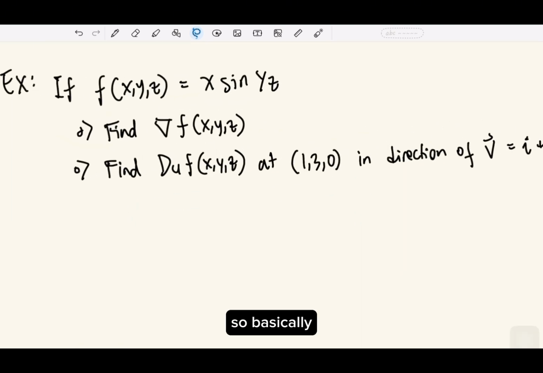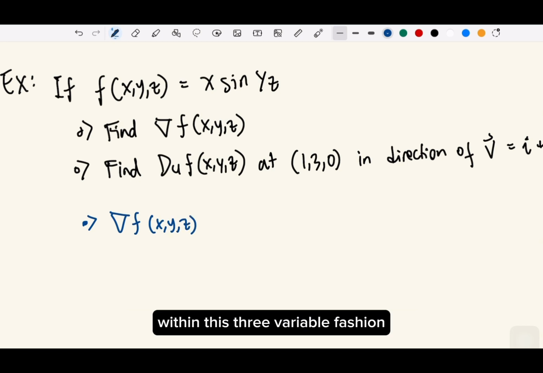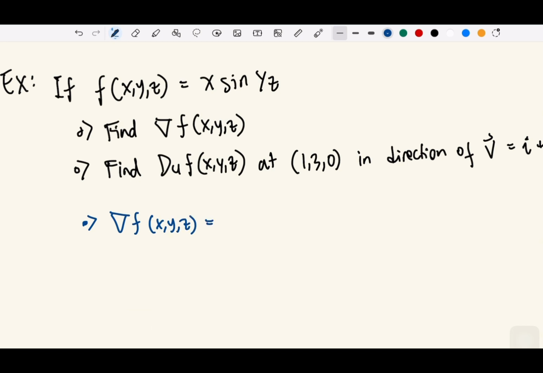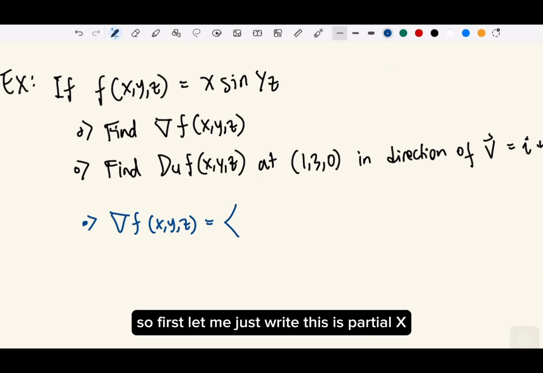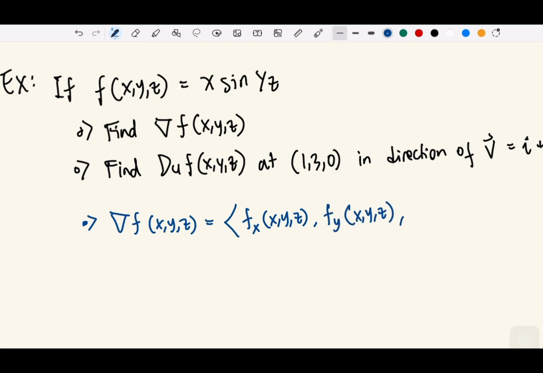Basically, finding the del means we are going to find all the partials within this 3 variable function. So we have the function x sine yz. First let me write this as partial x, just to give you the step by step process.